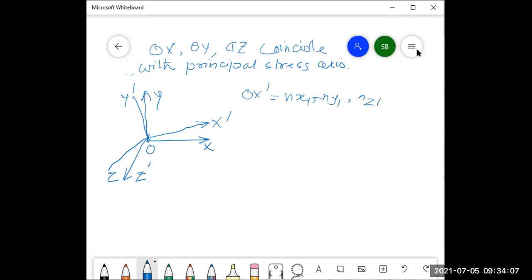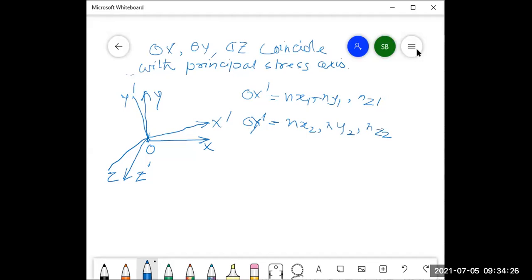And the direction cosines of OY dash are nx2, ny2, and nz2.